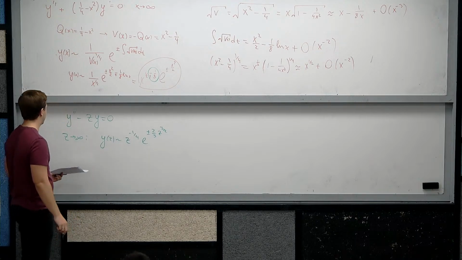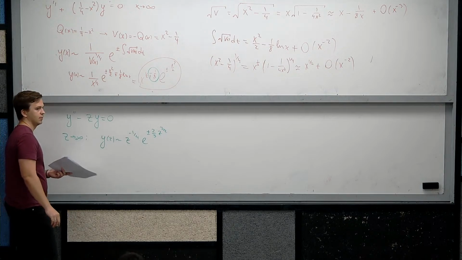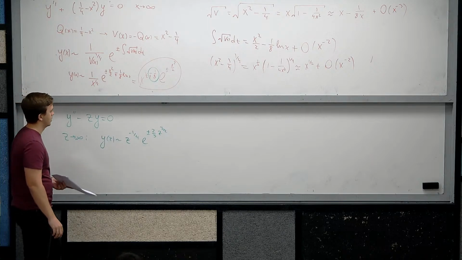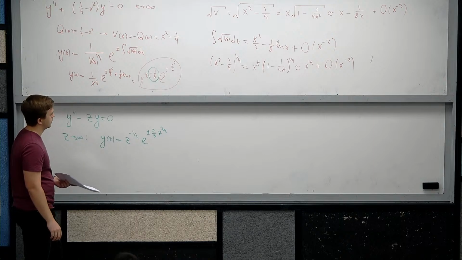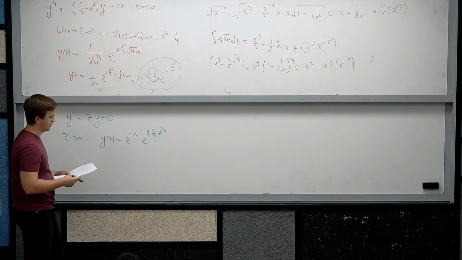But when z goes to minus infinity, you will get a different form of asymptotics. Because of that, we can define two types of lines: Stokes lines and anti-Stokes lines.